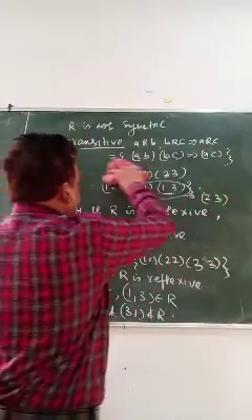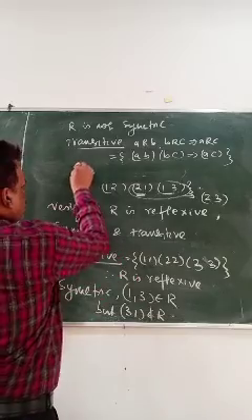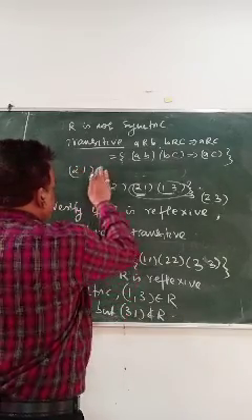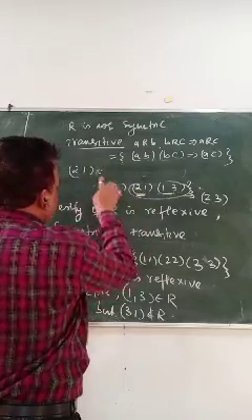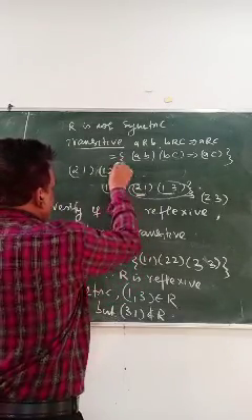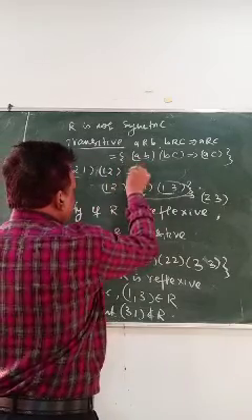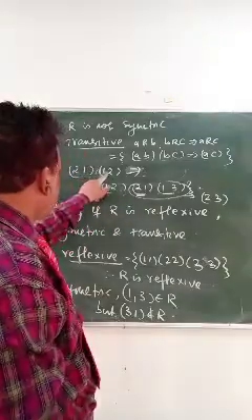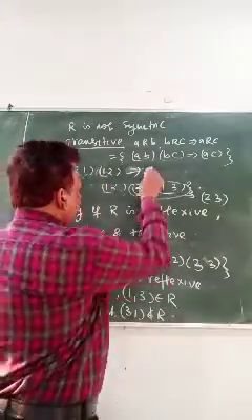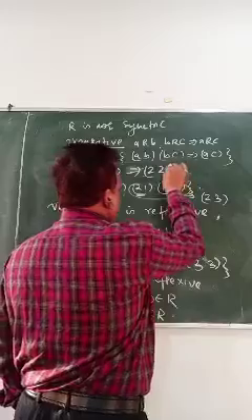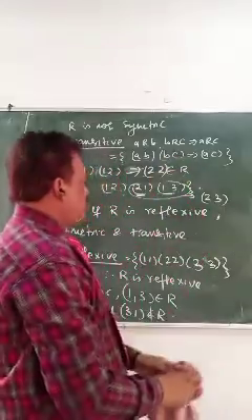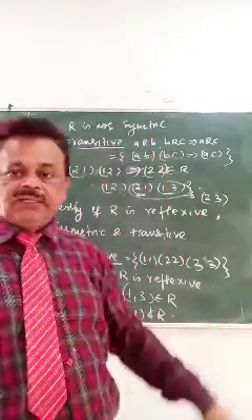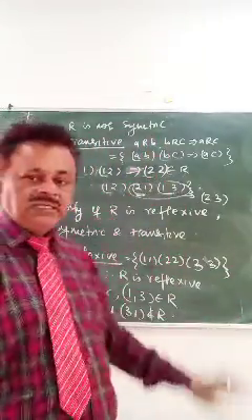So what will you write here? Look at (2,1), (1,2): implies (2,2) belongs to R. But if you take these two, for every pair there should be such an element here. Not that one pair is satisfied.